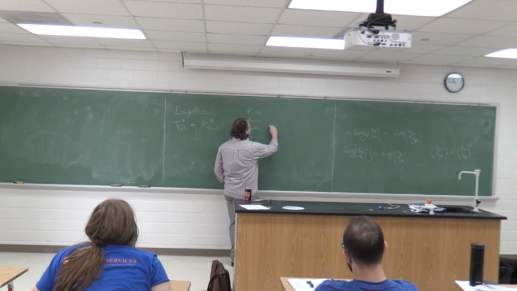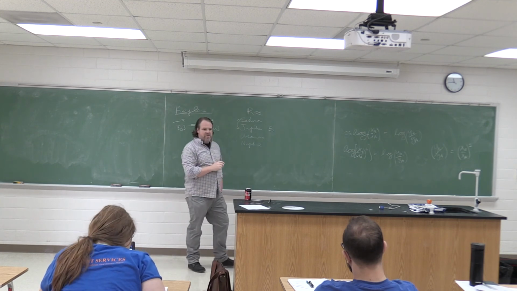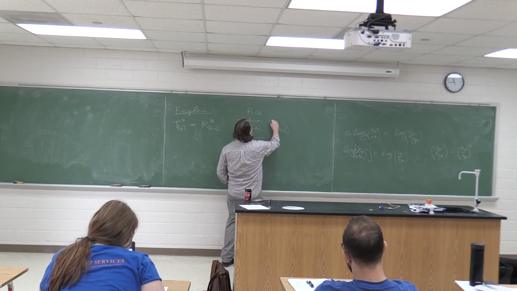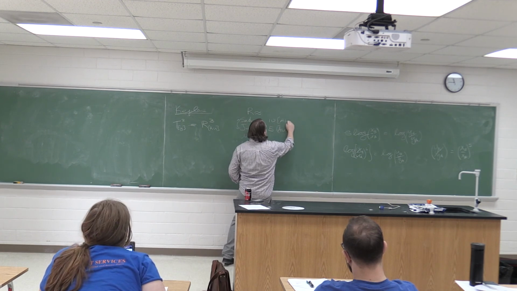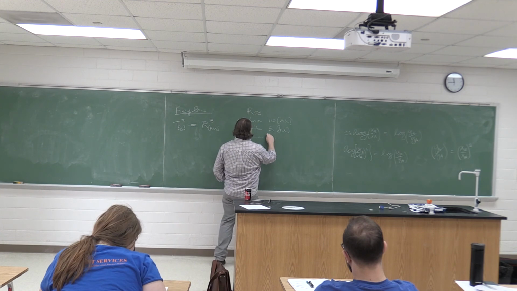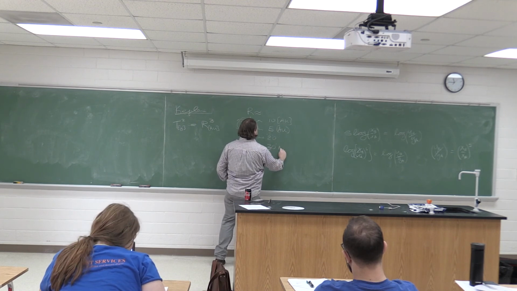Jupiter's distance from the sun is about 5 AU, rounding these things quite a bit. Saturn is about 10 AU. Neptune is about 30, and Uranus is about 20.